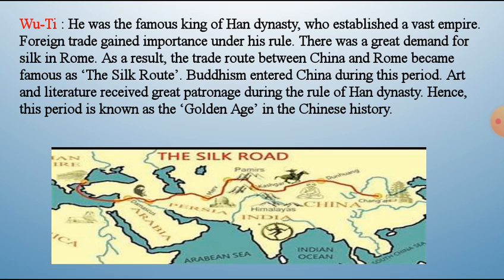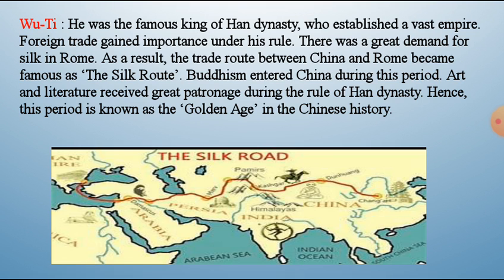Wu Tai was a famous king of the Han dynasty, and he helped people gain a lot of silk production, and as a result the small scale industries flourished along these routes, more famously known as the Silk Route, and people started making a lot of silk. In the meantime, Buddhism entered China.